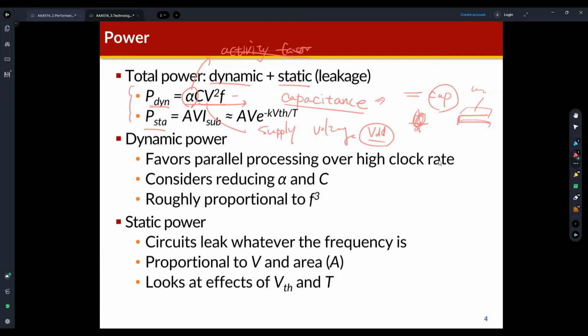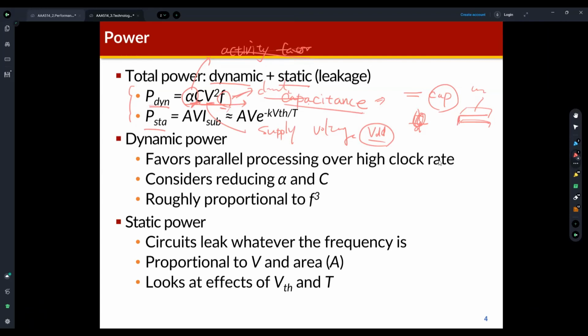It's very low recently. And F means the clock frequency. So if we look at this dynamic power consumption of the processor, C is proportional to the area, V is the supply voltage, and F is the frequency.